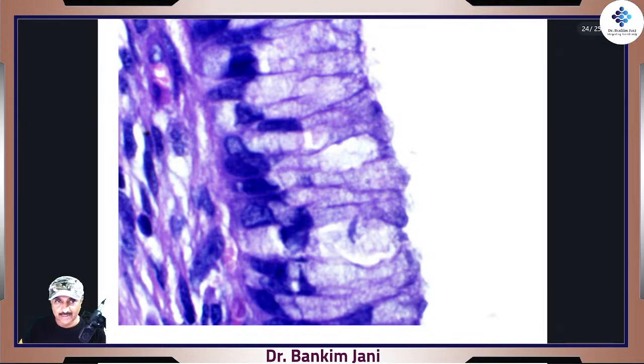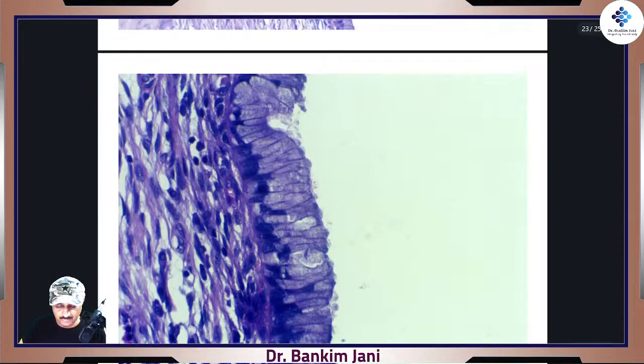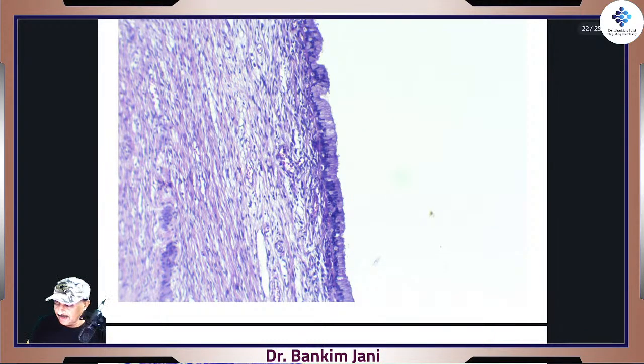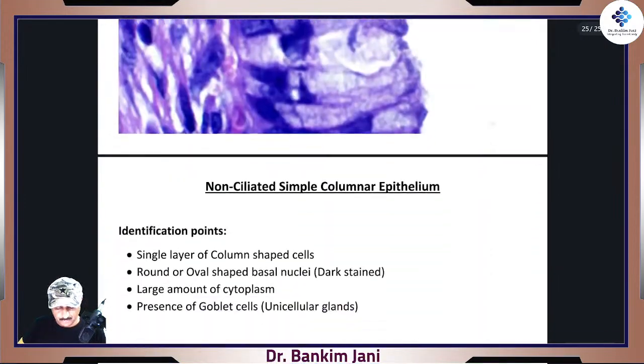Once you see this high magnification, even at a lower magnification, if I say just watch this area, you can make out that this is 100% simple columnar, right? Because you can appreciate it. That's how you train your eyes.